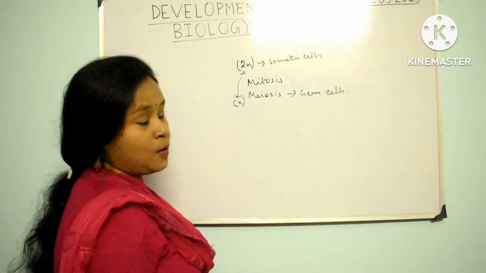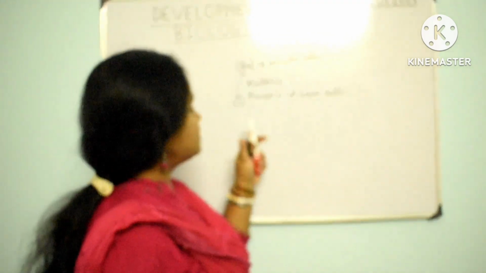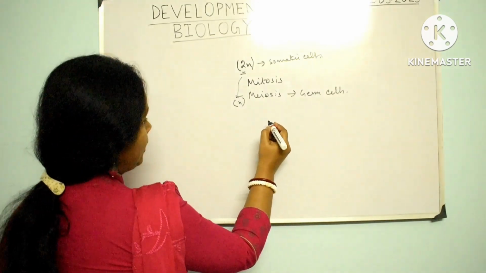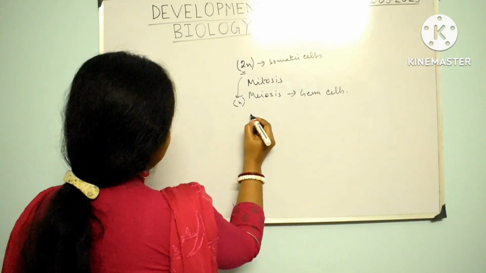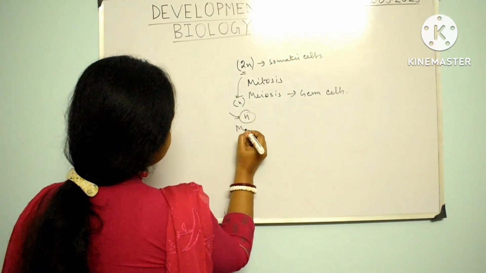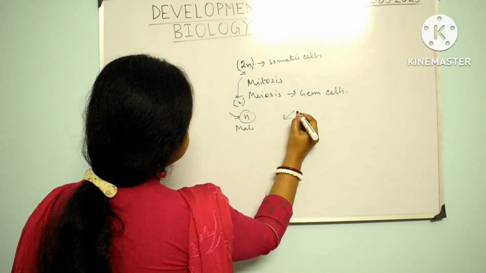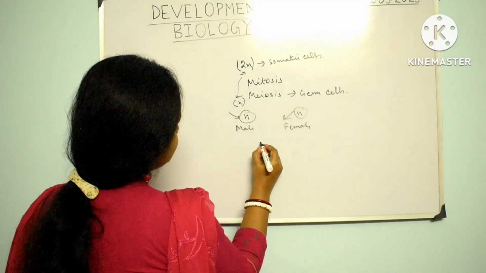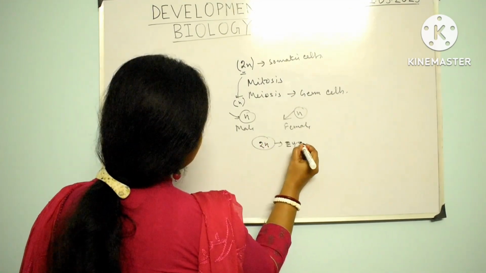Why is this n number of cells needed? Because when gametes are formed, n from the male parent and n from the female parent can give rise to a 2n zygote.